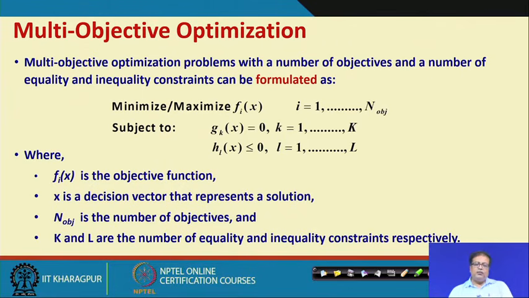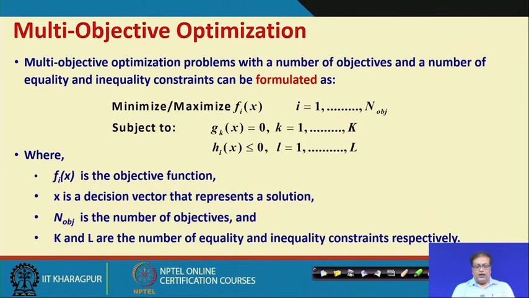Now, multi-objective optimization in a general sense can be thought of as an optimization problem where we are minimizing or maximizing a set of objective functions f_i(x) subject to some constraints, which are equality constraints g_k(x) = 0, where k varies from 1 to K, and h_l(x) ≤ 0, where l varies from 1 to L, and n_obj is the number of objectives.